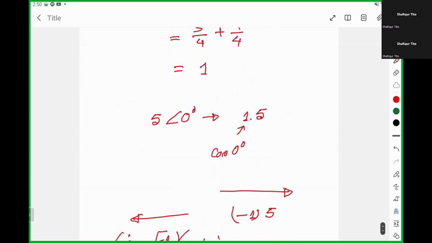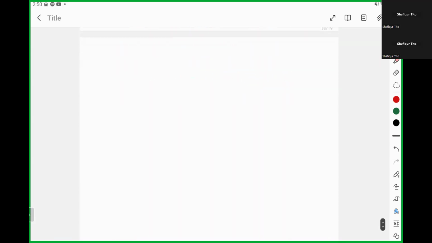So I have a vector in this direction, my vector 5, and I want to move it to the opposite direction. If I multiply 5 by i, I will move to here, 5i.